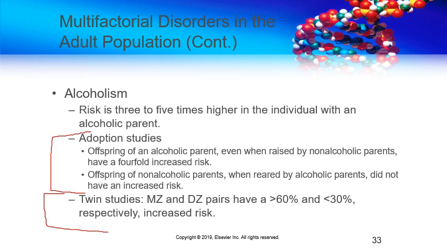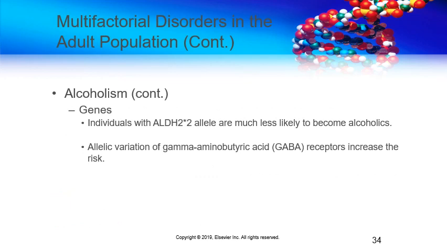Okay, so that shows you that there is some type of genetic disorder there. The offspring of non-alcoholic parents, when reared by alcoholic parents, did not have an increased risk of alcoholism. Pretty interesting. So it does show there is some genetic factors in there.